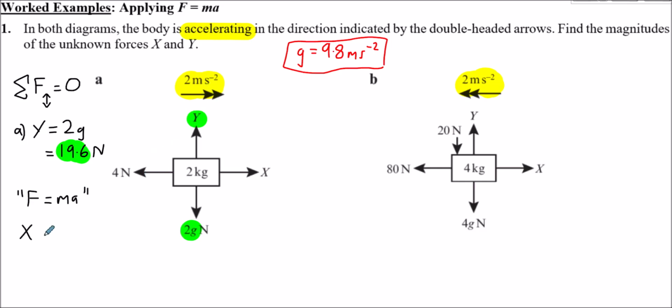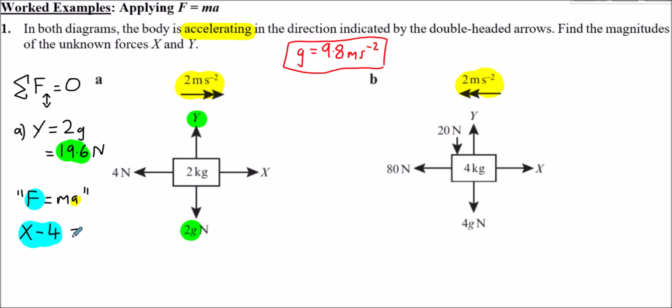So we're going to subtract 4. The resultant force in the direction of acceleration is x minus 4.